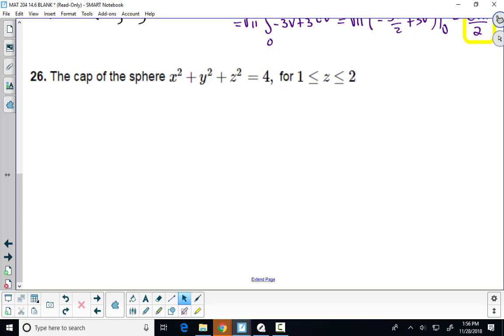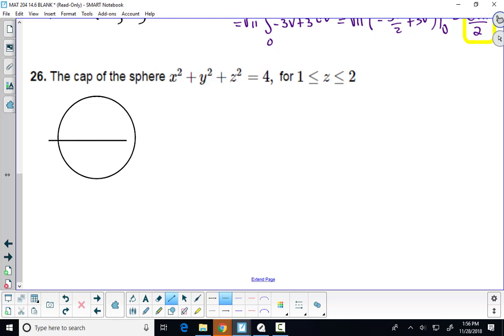All right, cap of a sphere. So we want to find the area of that little cap. So same idea. We're going to let the little f in that theorem up there just be 1. And let's project this onto the YZ plane so we can get a better picture of what we're dealing with. So in the YZ plane, we're letting x be 0.